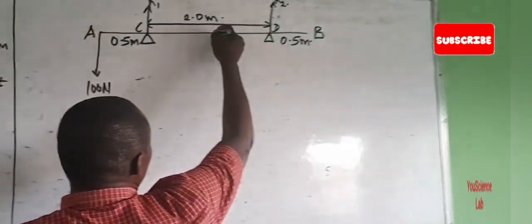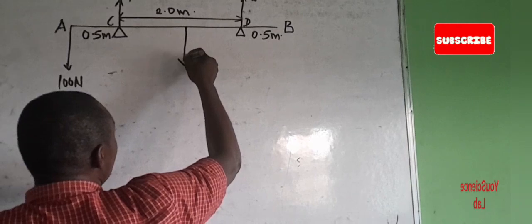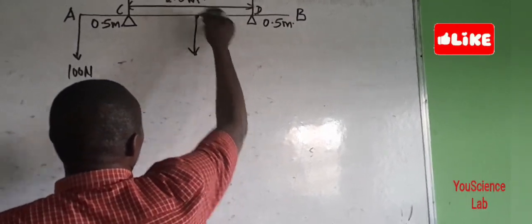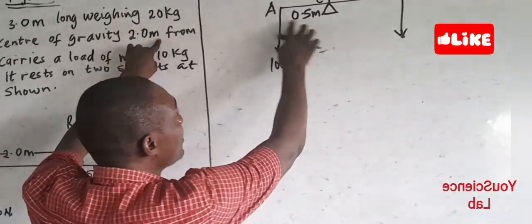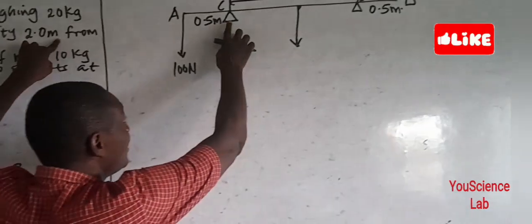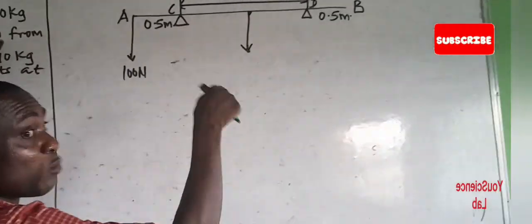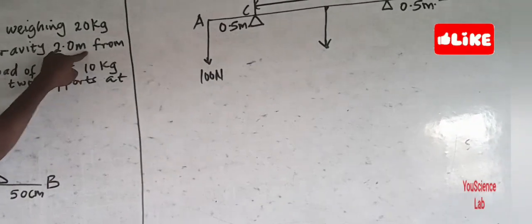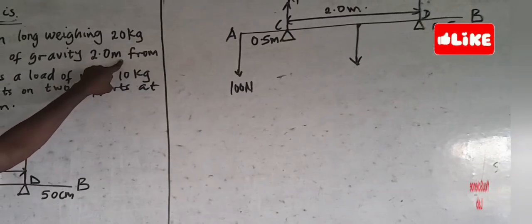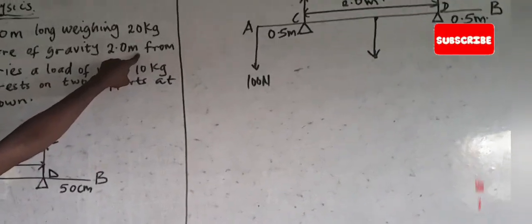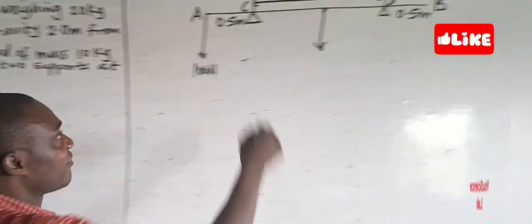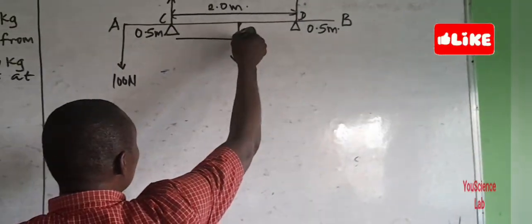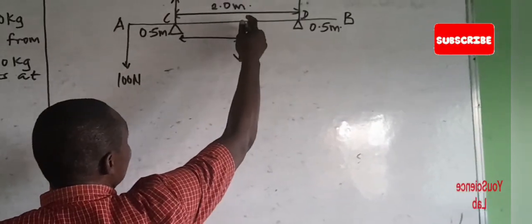Draw a line from, let's say here, and put the distance from here to here is 2.0 meters. Now if from here to here is 0.5 meters, then from here to here will be 2 minus 0.5, and that gives us 1.5 meters. So this is the distance between C and this point here.